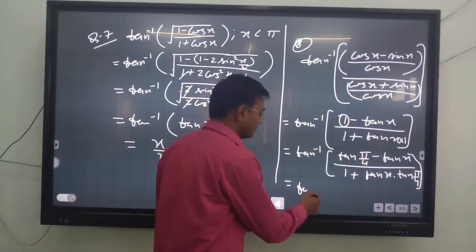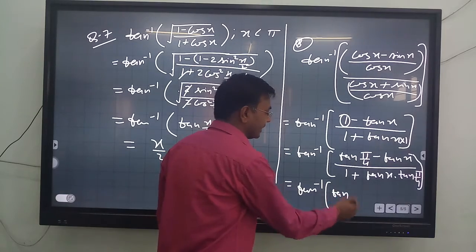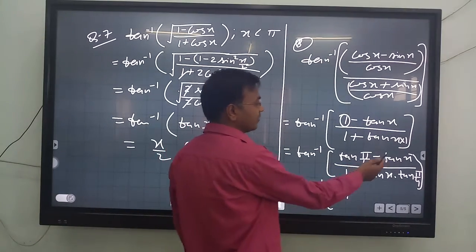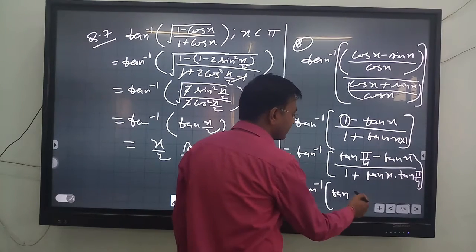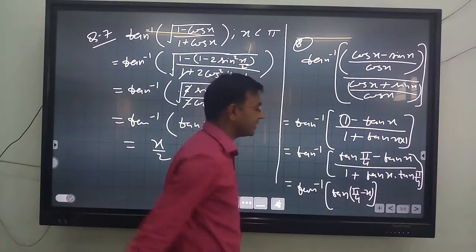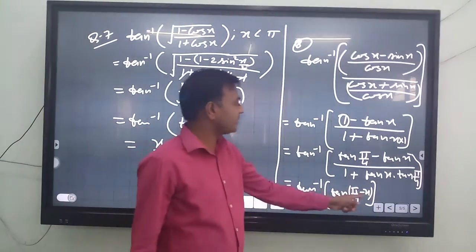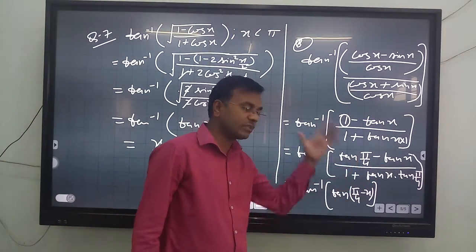Now clearly we find the identity is formed, that is tan x minus tan y upon 1 plus tan x tan y, which means tan of pi by 4 minus x. That is the identity of tan of x minus y, tan x minus tan y upon 1 plus tan x into tan y. So again we are using an identity.